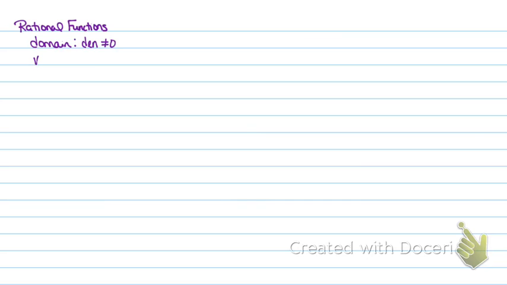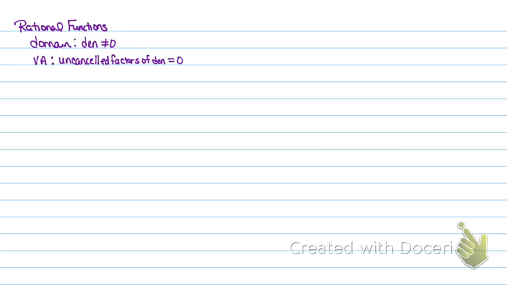And then we found our vertical asymptotes. And how did we find the vertical asymptotes? It was the uncanceled factors of the denominator equal to 0.